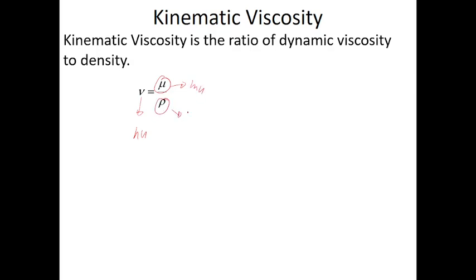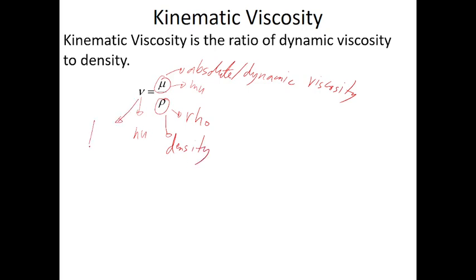Ito ay Greek letter rho. Okay? Ang tawag natin dito ay absolute or dynamic viscosity. Ang tawag naman natin dito ay density. Ang tawag natin ngayon dyan ay kinematic viscosity. Ayan.